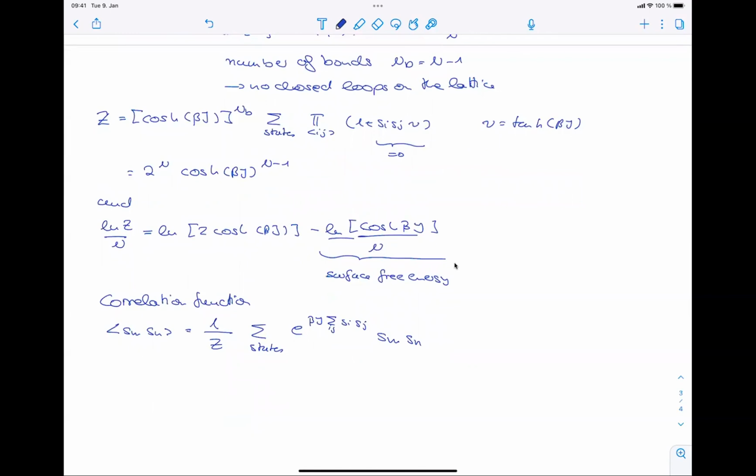And so if I now do my expansion ansatz here, I arrive at, let me just factor out these terms, 1 over Z, and then we're left with the sum over states S_m S_n times the product over the ij's of (1 + v S_i S_j).